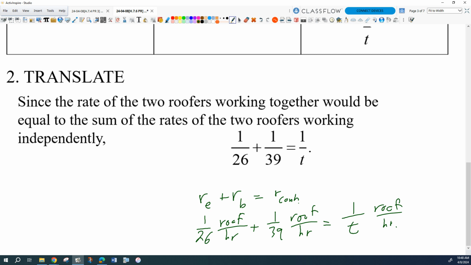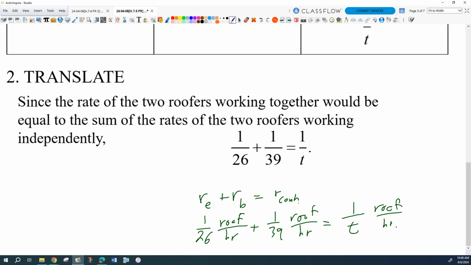What would I do to solve that equation? Common denominator and then add. Okay, you're right. Common denominator, but how do we solve it? Maybe you may not be through this assignment yet, but what do we do to solve rational equations? What's our strategy?